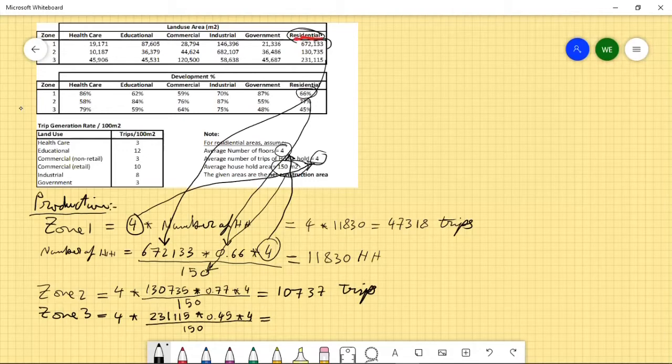Please make the calculation with me, I might get some numbers wrong. So here we have 11,094 trips.